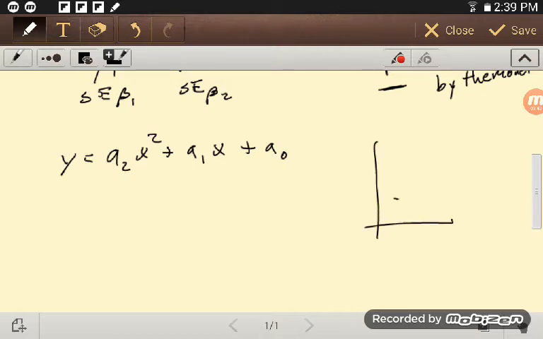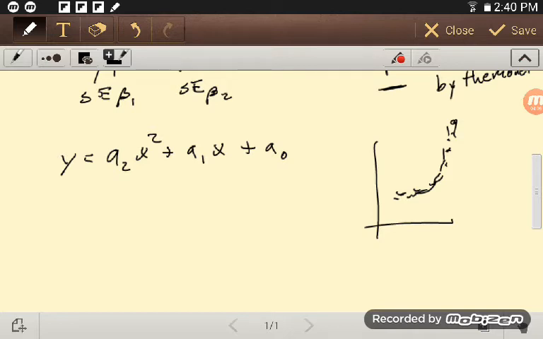I've got data that looks like that. Well, that looks like a quadratic to me, so I would love to fit that with a quadratic. It turns out that the mathematics of the multiple regression doesn't care where you got your data. Just give it the data.